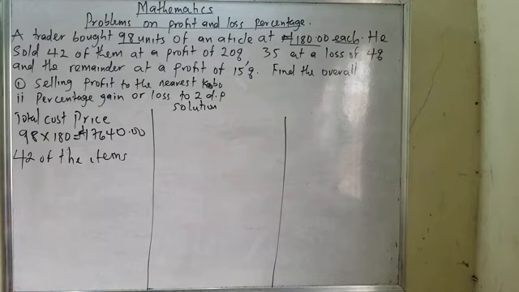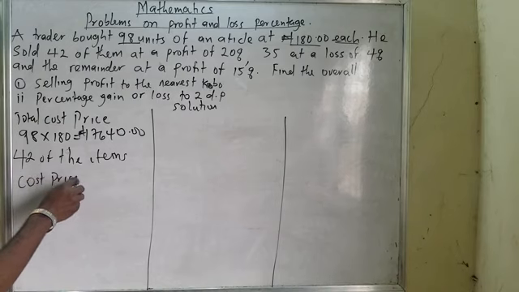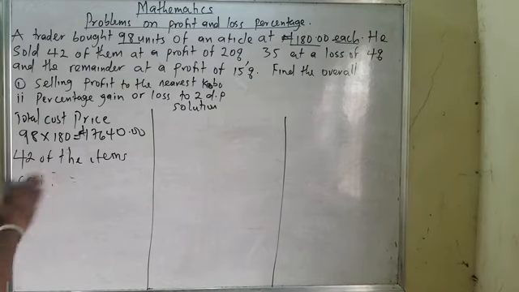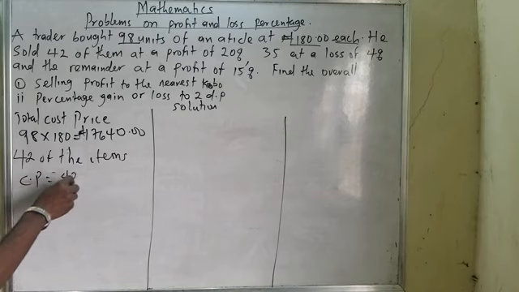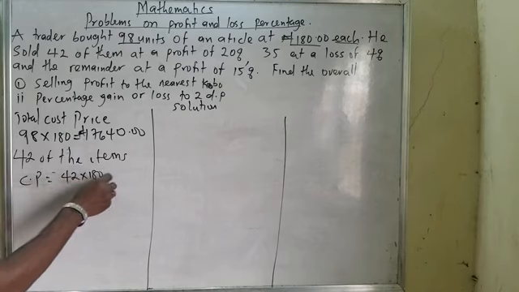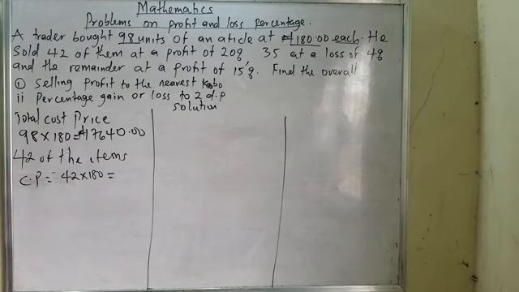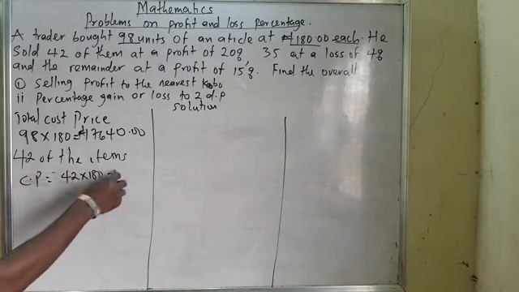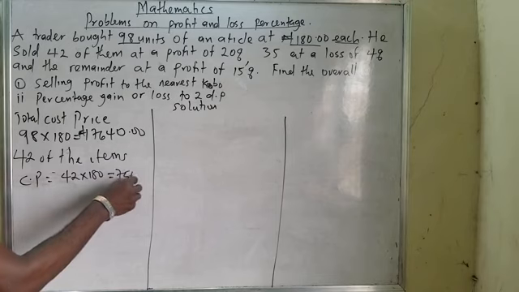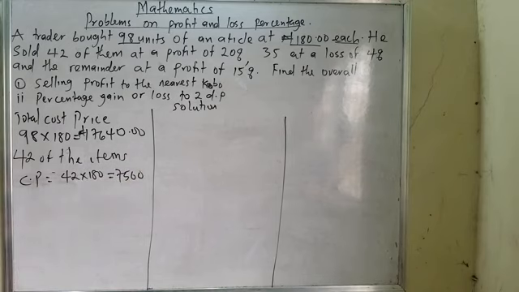If I work on 42 of the items, it means the cost price of that 42 will be equal to 42 multiplied by 180, which is equal to 7,560 naira. That is the cost price.